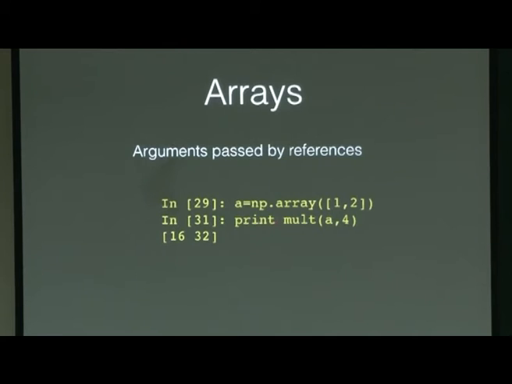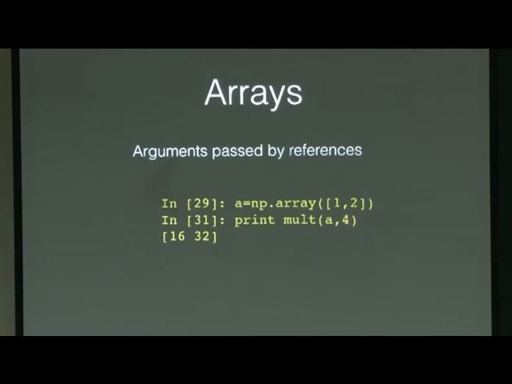So, I have an array A which is 1 comma 2. Now, I multiply this array, A is passed here as an argument, same mult function. What is the answer? Multiply by 4. So, it is giving you 16. Did I copy something else?